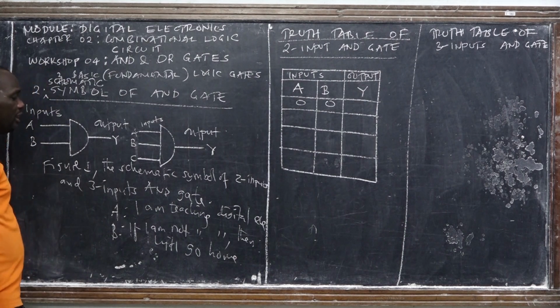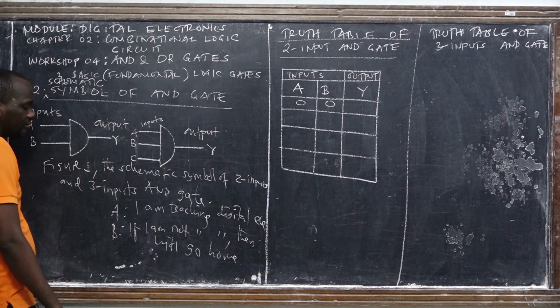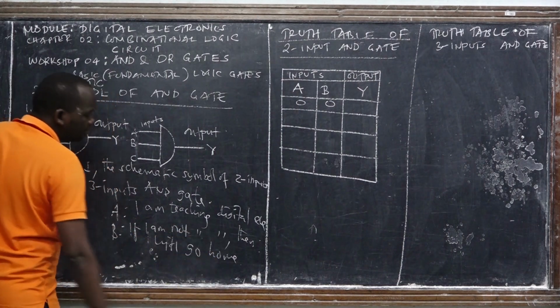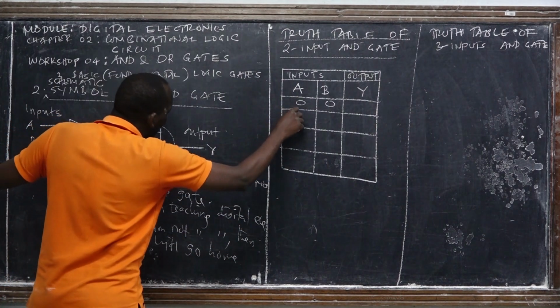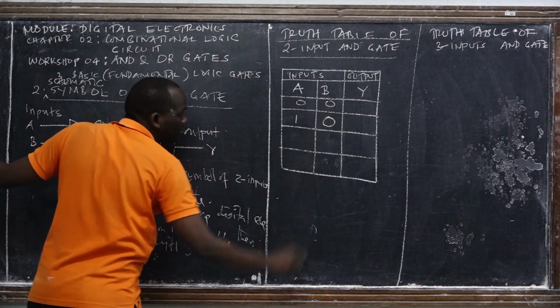Then the second possibility is I am teaching digital electronics but I am not going home. So for that case, statement A will be true, but statement B is false.